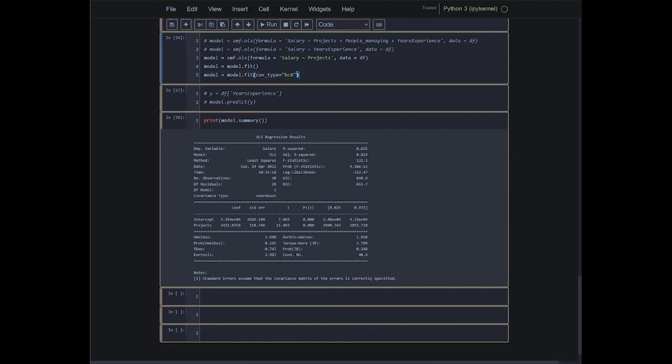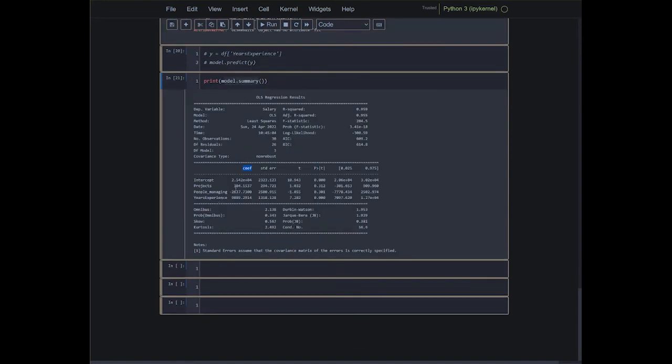So this thing goes inside the model.fit, and we can have a robust kind of covariance. The coef column over here represents the coefficients for each independent variable along with the intercept value. Standard error is the standard deviation of the corresponding variable's coefficient across all the data points.